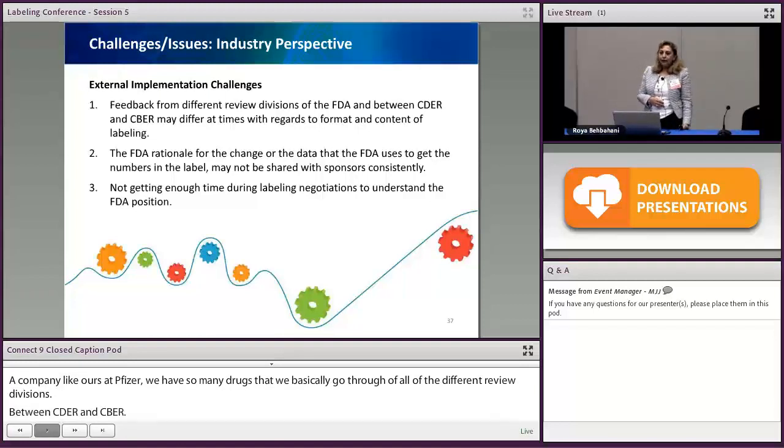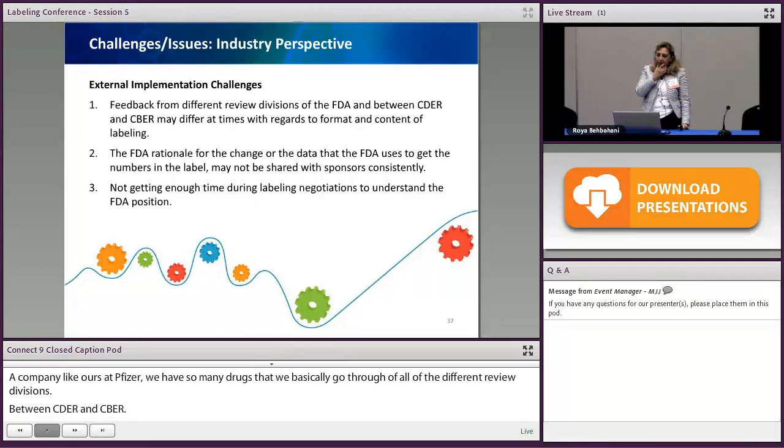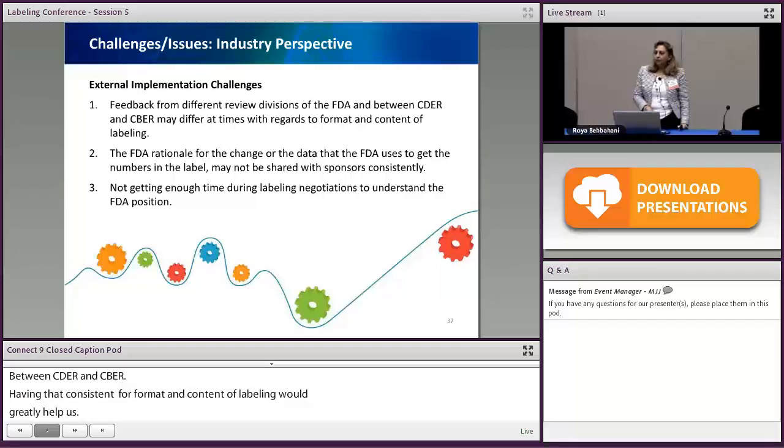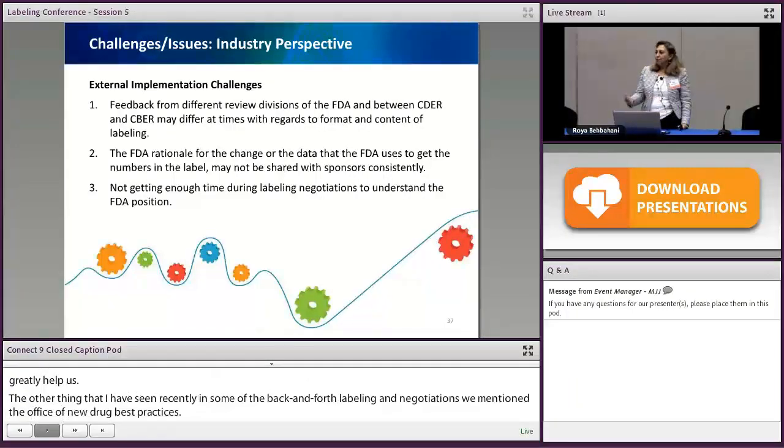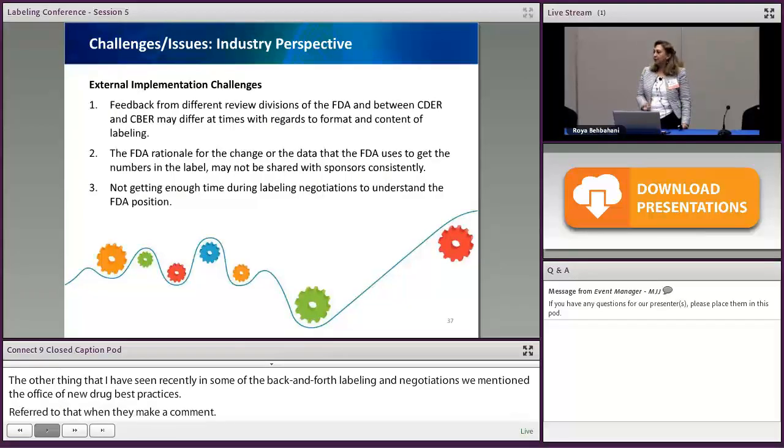The other thing that I've seen recently in some of the back and forth in labeling negotiations is that they mention the Office of New Drugs best practice. They refer to that when they make a comment, and I was hoping today that maybe someone can tell us if there is an Office of New Drugs labeling best practice guide that can be shared with the sponsors, because that would be very helpful.